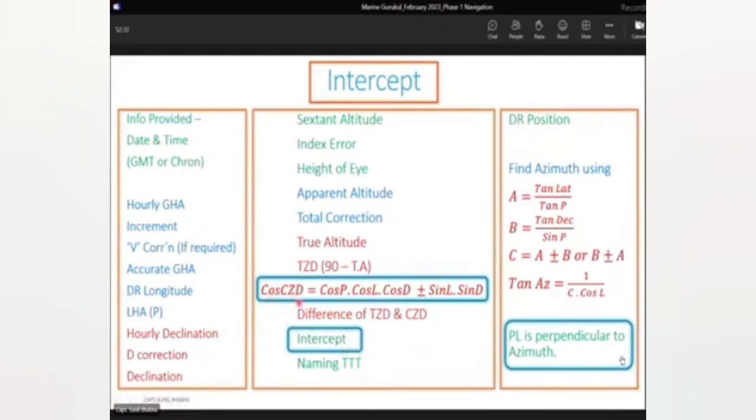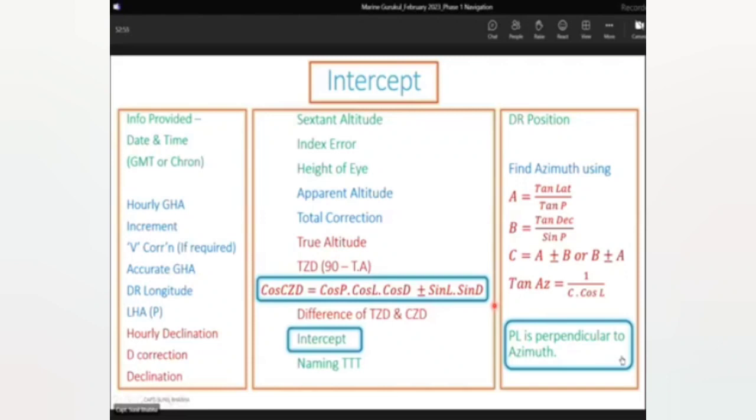Now this formula also, the cos CZD is equal to cos P cos lat cos dec plus minus sine of latitude sine of declination, is basically, if you look at it carefully, the same formula which we used in long bicron. Only some of the terms have been shifted from right hand side to left hand side and vice versa.